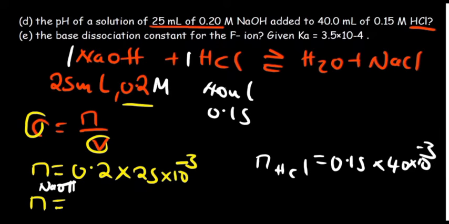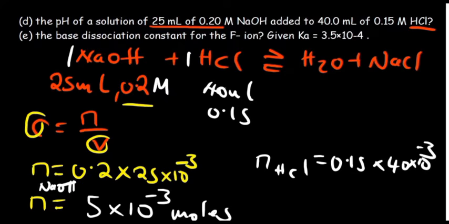What we have there is 5 by 10 to the power negative 3 moles. Then for the other part, we have 0.15 multiplied by 40 by 10 to the power negative 3, which gives 6 by 10 to the power negative 3 moles.